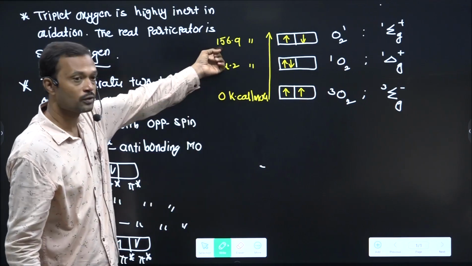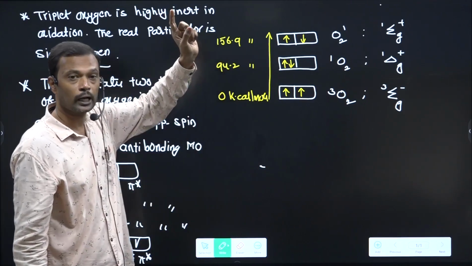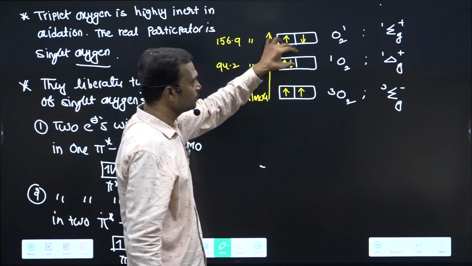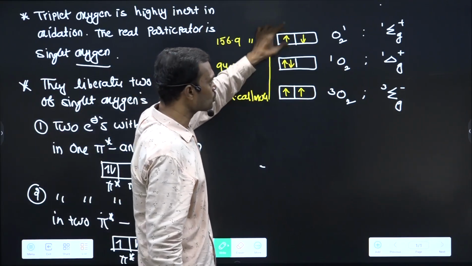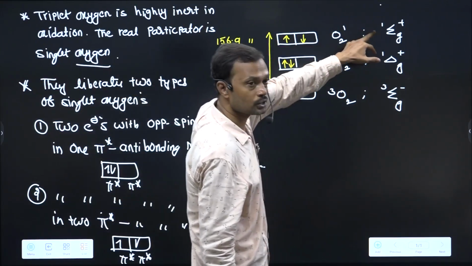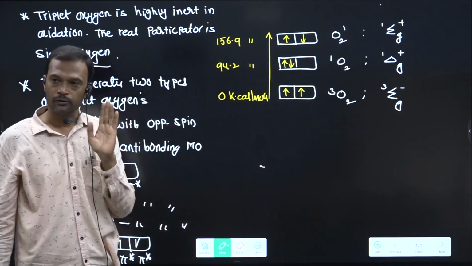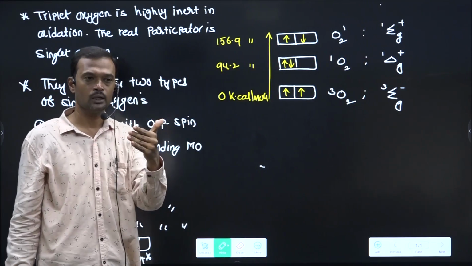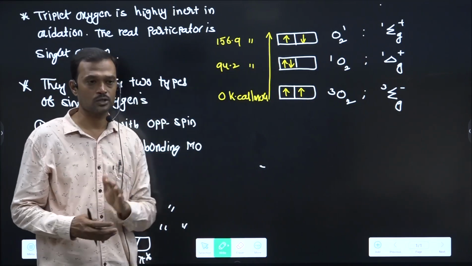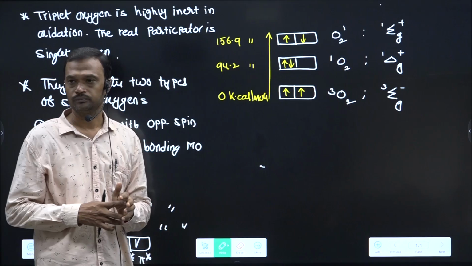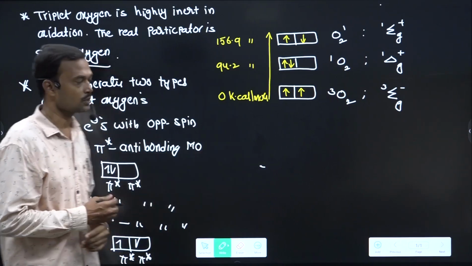It is 94 versus 156 kilocalorie per mole. So this singlet, out of these 2, is not suitable for doing oxidation. Always, not only in this concept, in any concept. If any molecule gives more than 1 singlet, the low energy singlet is suitable for oxidation, not the high energy one. Clear? Right.